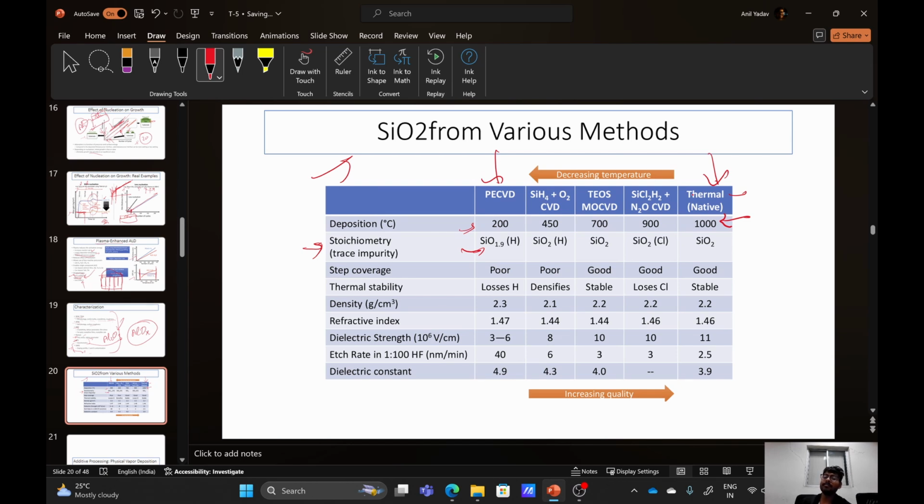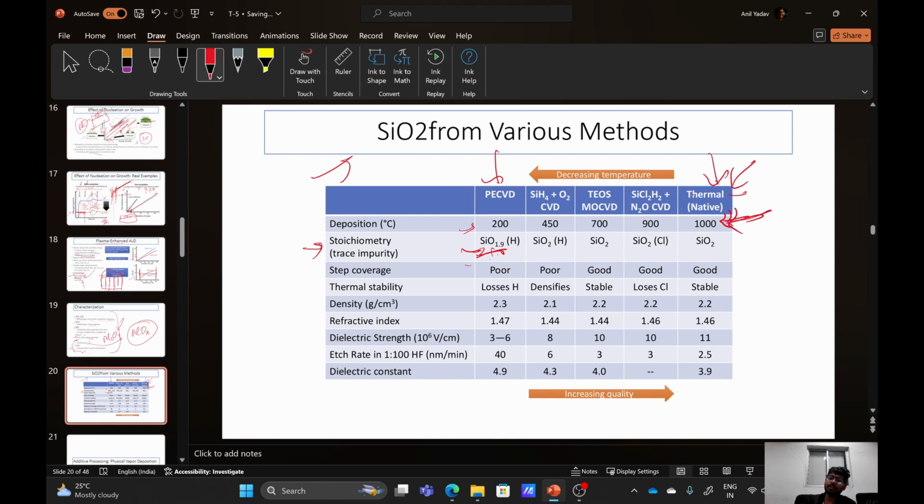Okay, but for some purposes PECVD can be useful, just for isolation kind of thing. So at lower temperatures you can use this kind of SiO2, but for electrical purposes, for dielectric purposes, you cannot use it, the quality is very poor. But the SiO2 quality at higher temperatures is very good, because there is a kind of reorganization which improves the quality of the film.